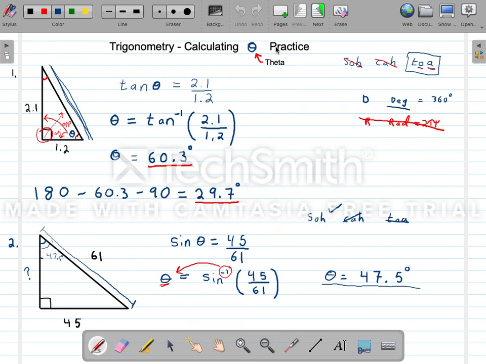In the previous ones, we were given opposite and adjacent, so we use tan, because tan uses opposite and adjacent. In this one, we were asked to find this angle here, and we were given opposite and hypotenuse. So we used sine, because sine means opposite and hypotenuse.